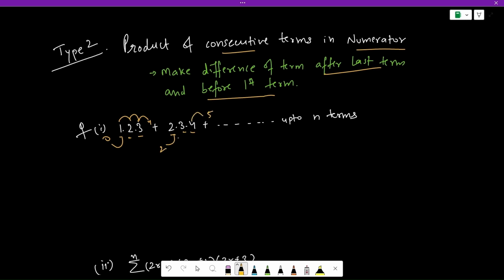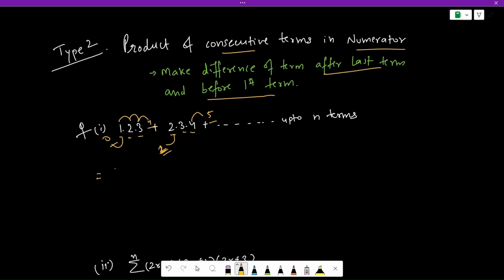Sorry, this will be 1. Now what we need to do is take the difference of these, which is 4 minus 0, 4. Here 5 minus 1, 4. So we will multiply and divide by this difference.